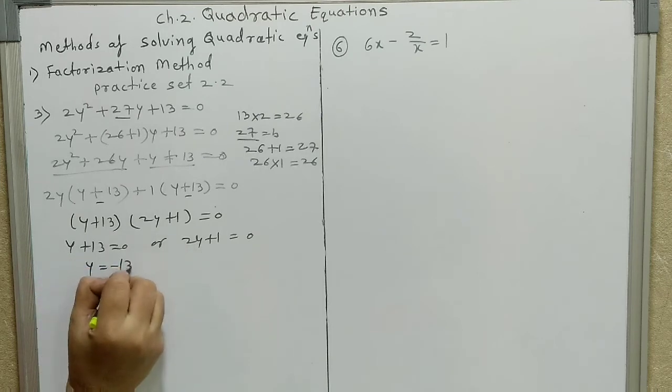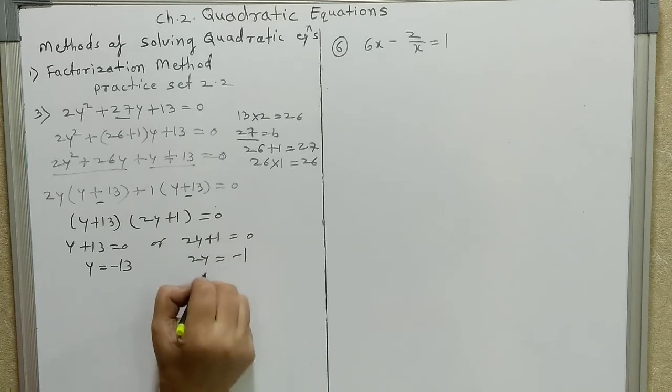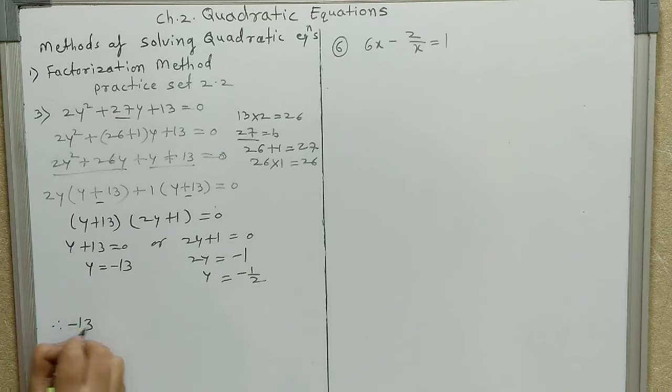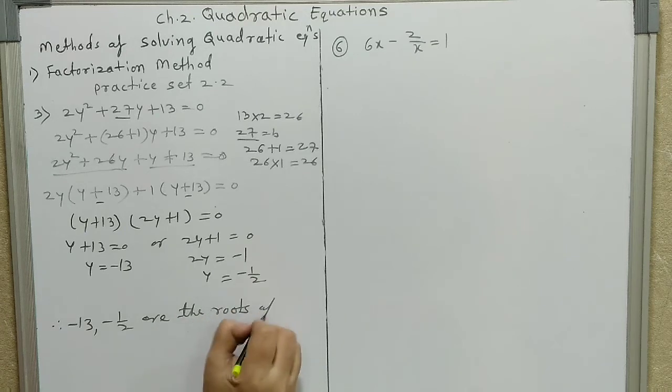So y is equal to minus 13 and 2y is equal to minus 1. 2 here multiplies, that side divides. So minus 1 upon 2. Therefore minus 13 and minus 1 upon 2 are the roots of the quadratic equation.